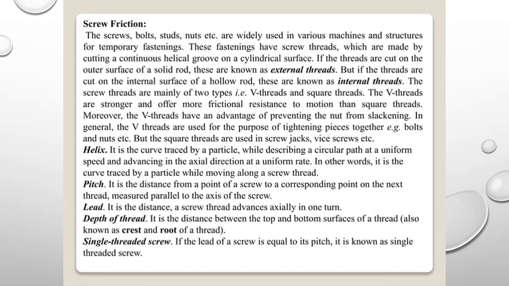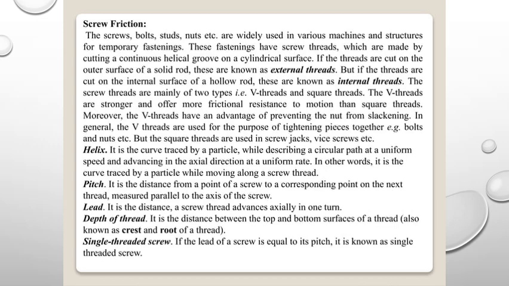And screw friction. It is widely used in machine structures and temporary fastening. Here the outer surface thread is known as external and the inner surface thread is known as internal thread.